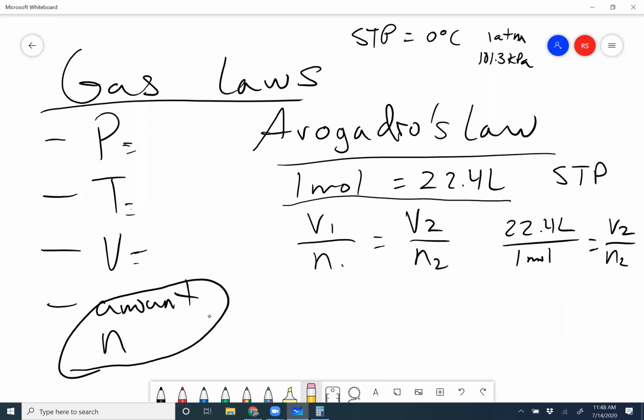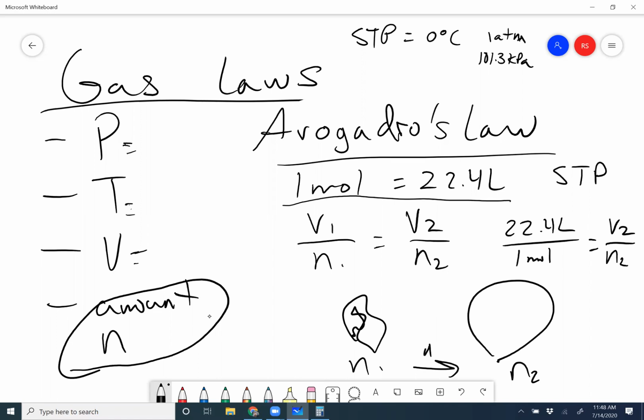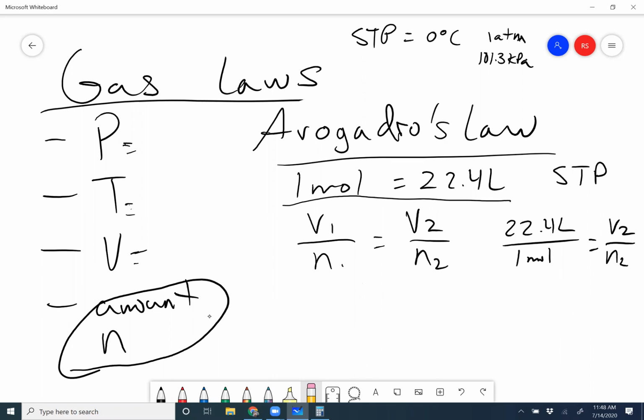But really what he was just interested in was, if you take a balloon and you don't blow it up, its volume is lower than if you actually put air in it. So N1 to N2, because this was going up, well, then the volume had to go up. He was just interested in the specific ratio. And just asking yourself that question, if I double the amount of gas, does that double the volume?